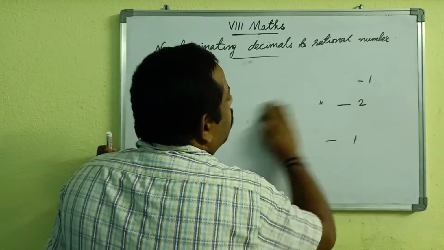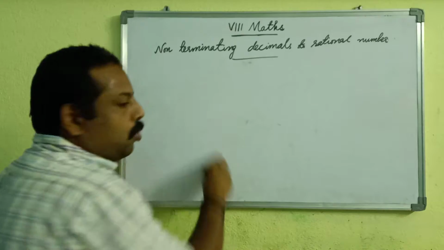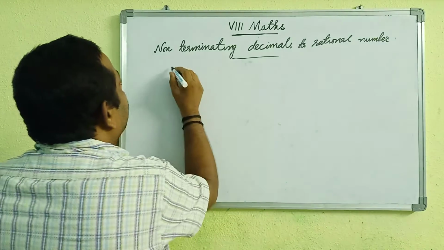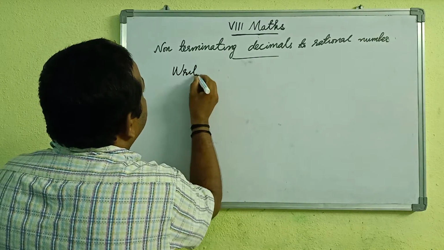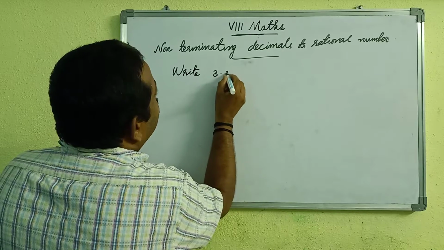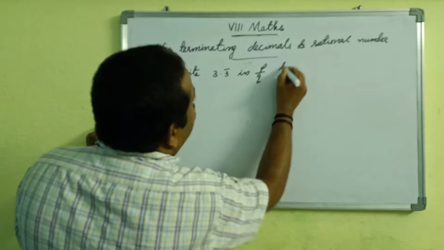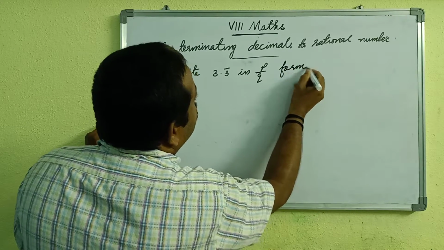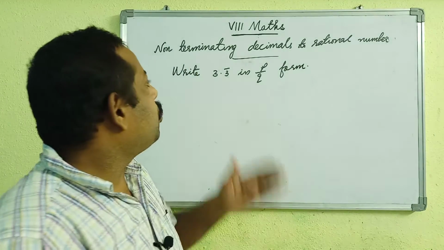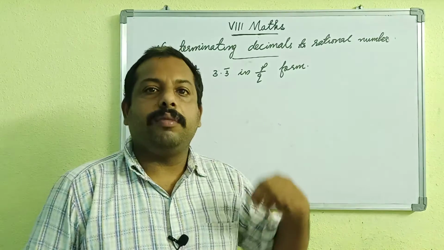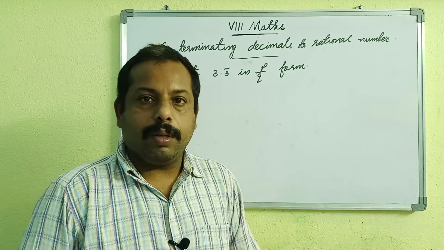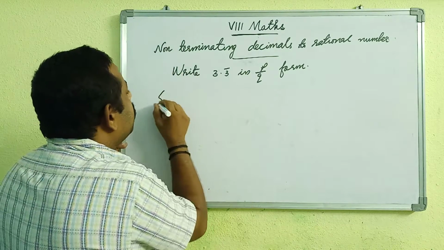Now let us solve one problem. Our problem is, write 3.3 bar in p by q form. That means you should write 3.3 bar in the form of a rational number. So let us solve.